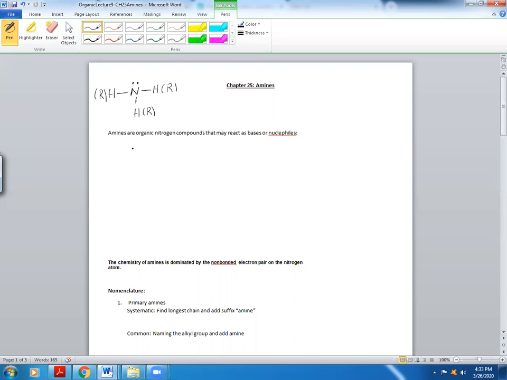An amine as a base, and if you know the definition of bases, you would know that a base is a proton acceptor. So you have an acid here.